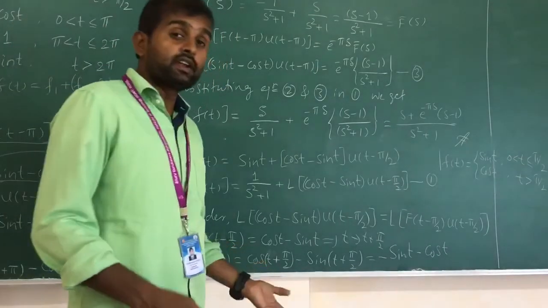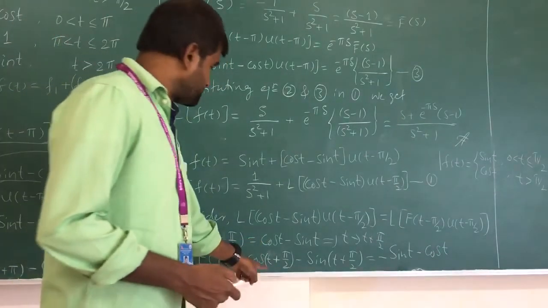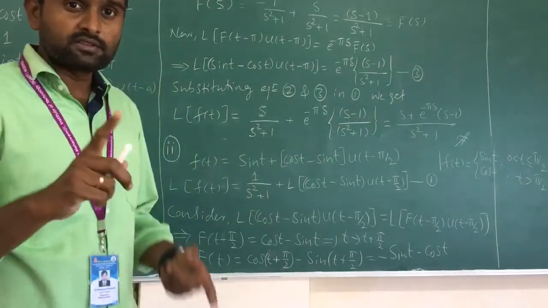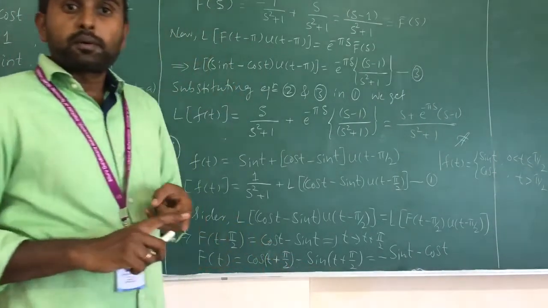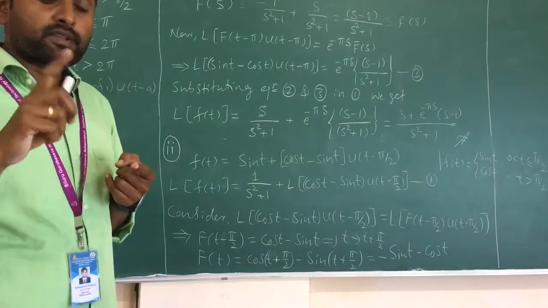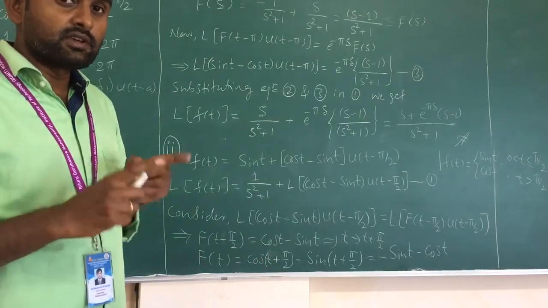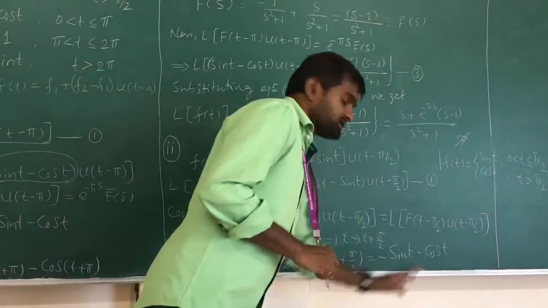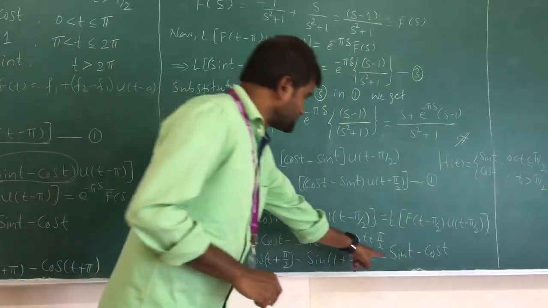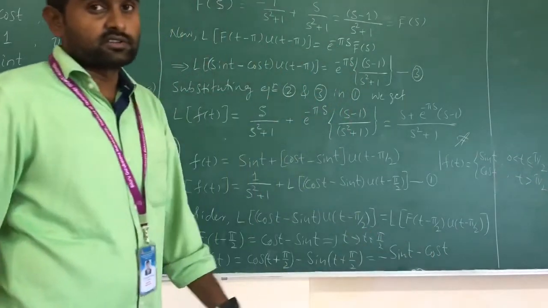We have theta plus 90. Cos of (theta plus 90) is minus sin theta. Sin of (theta plus 90) is cos theta. So minus sin t minus cos t.